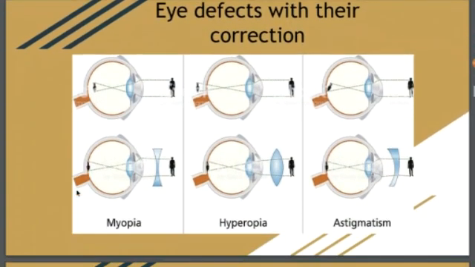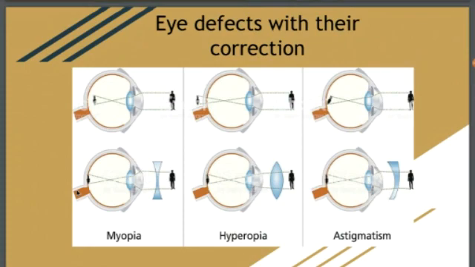Next we will see what the defects of the eye and their corrections are. When a person is not able to see faraway objects but can see nearby objects clearly, we say this condition is myopia. Here the image is formed right in front of the retina.